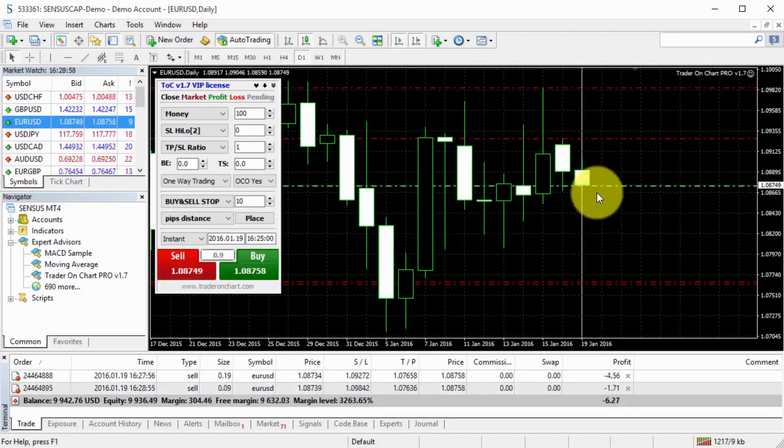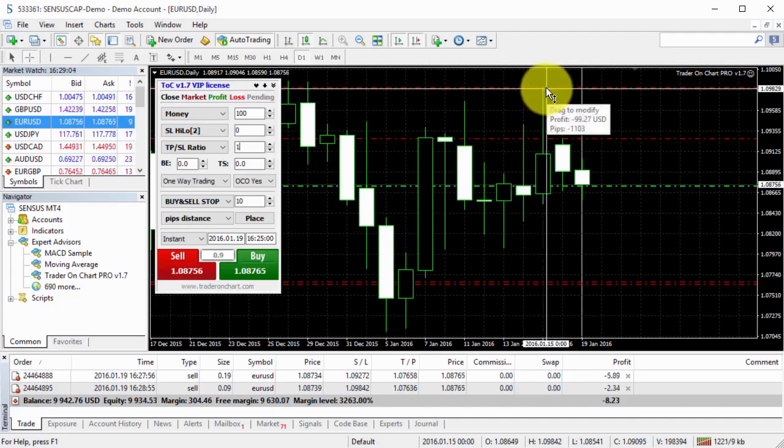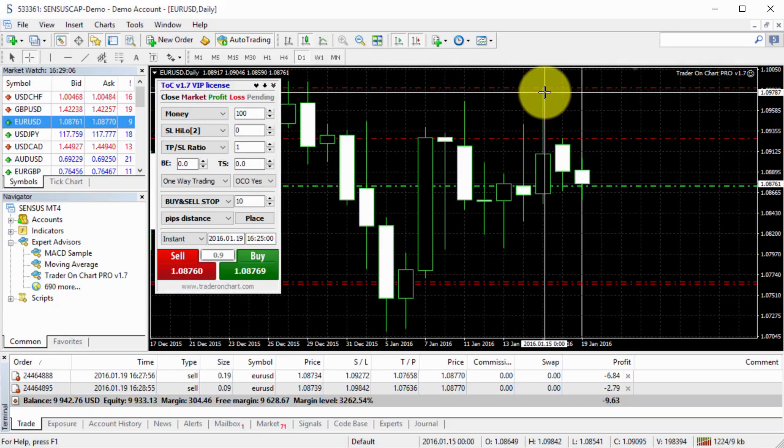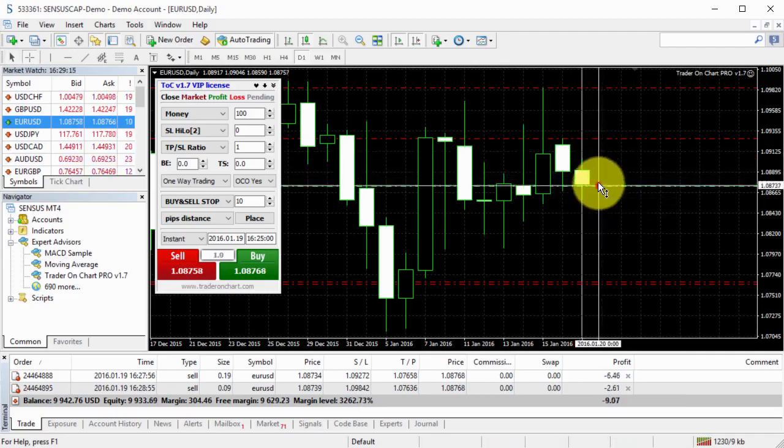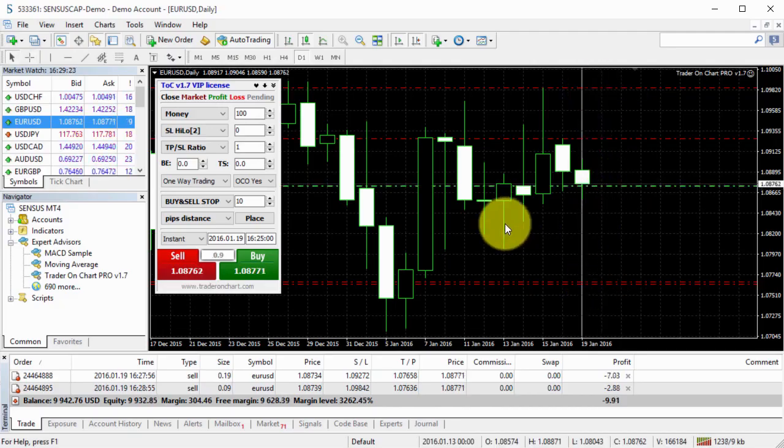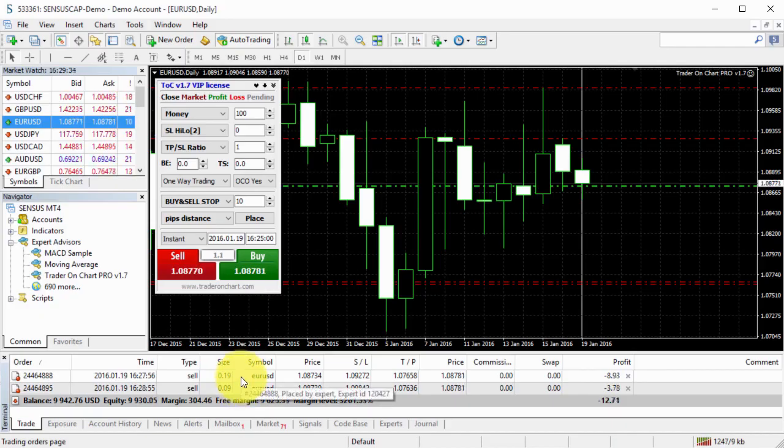Immediately places another sell trade, and just like I was saying, my stop loss was placed right at this high price, and my take profit is of the same size as the stop loss. So my stop loss is about 110 pips, and my take profit is 110 pips as well. So obviously both trades had position sizes calculated exactly to kind of lose $100.